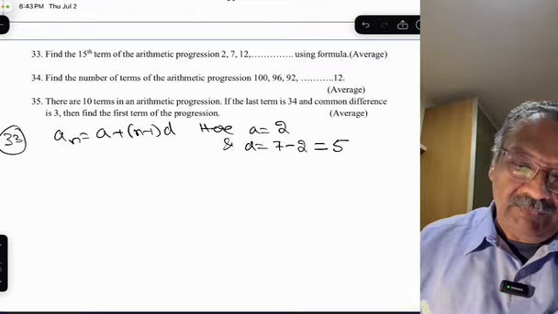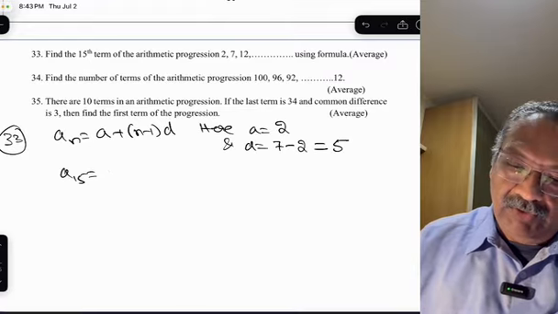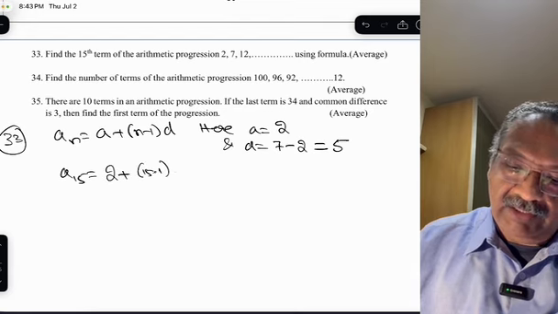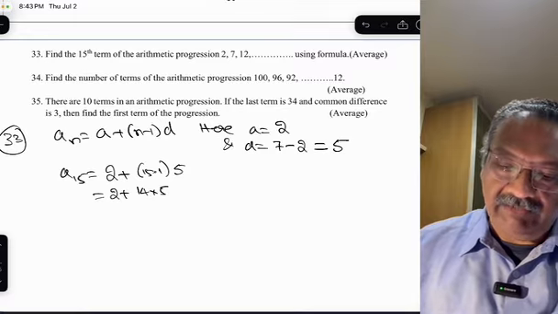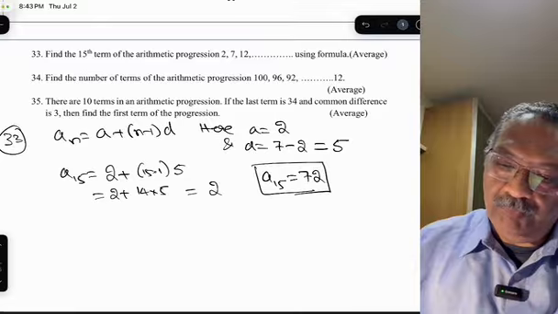So, a15 is equal to a, which is 2, plus 15 minus 1 into d, which is 5, equals 2 plus 14 into 5. 14 5s are 70 plus 2 is 72. So, 15th term is 72.